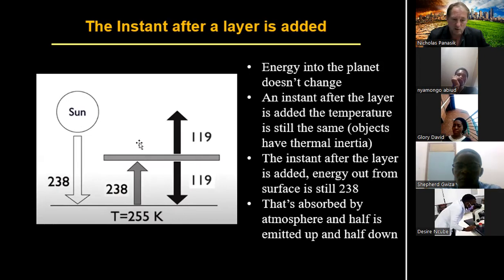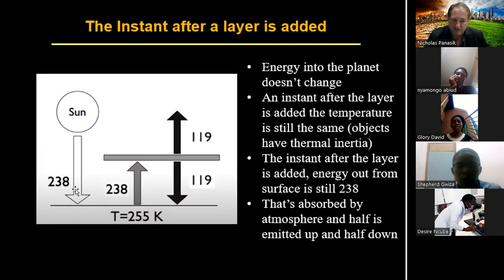Okay. And what do you see with energy balance? Is the amount of energy coming into the planet the same as the amount of energy leaving the planet the instant after we add the layer? How much energy is coming into the planet?